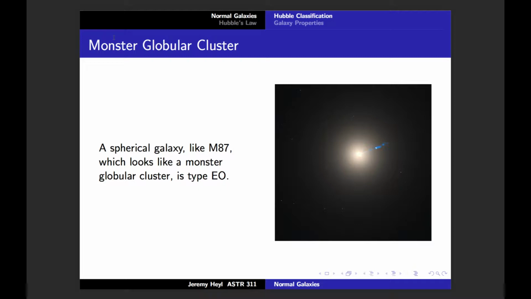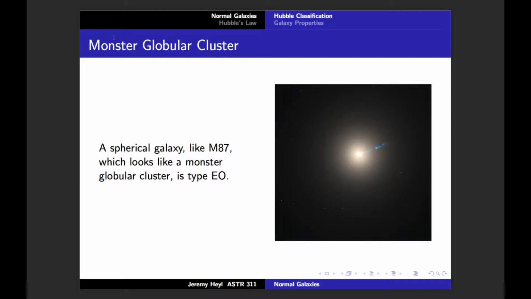It's one of the largest in our local neighborhood of the universe. This one, we call it E, and E means elliptical. We're very imaginative. And 0 means it's round, like the number 0 is kind of round. As they get less round, we get higher numbers. We go from E0, 1, 2, 3, and so on, up to about 7.